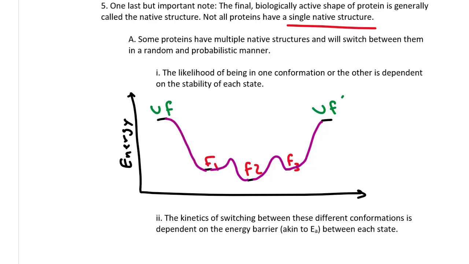Then folded state 2 is going to be preferred over folded state 1 and 3, but since there's such a narrow range between them, that difference in energy is so little that because of the temperature of the solution and just random thermal motion, the switching will occur, but the protein will be in folded state 2 more frequently than it will be in folded state 1 or 3. Okay, so just something to keep in mind.